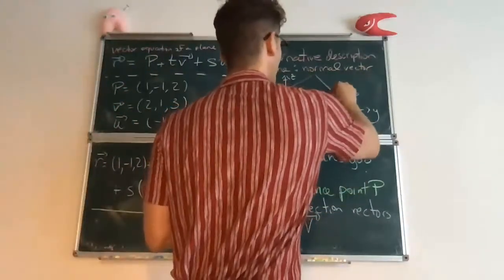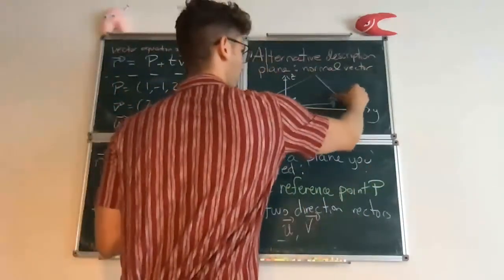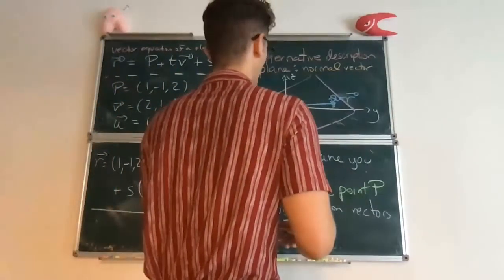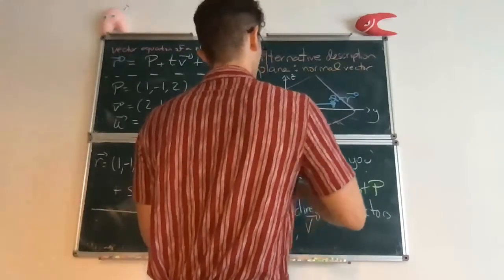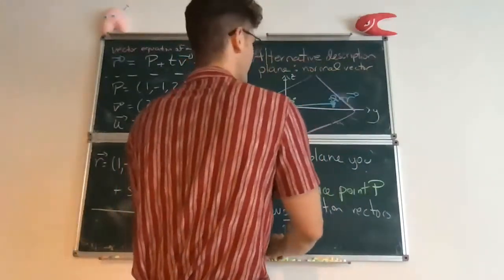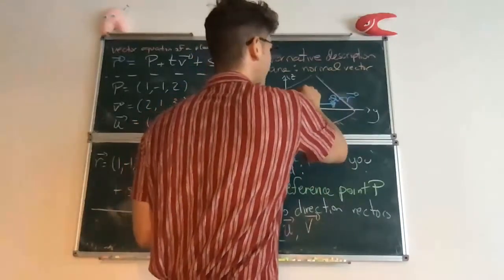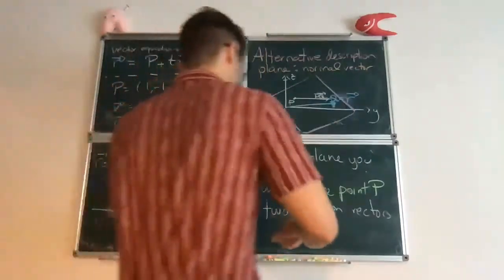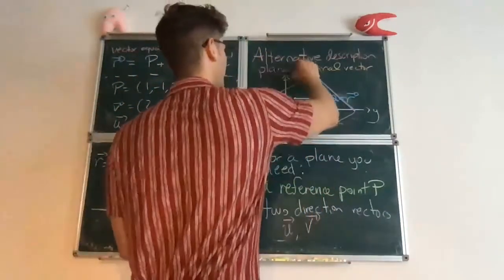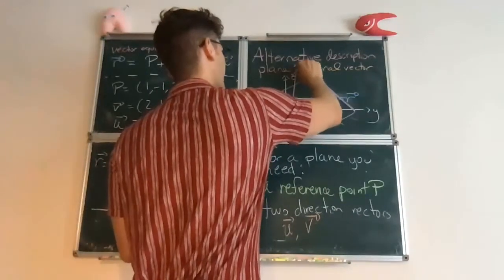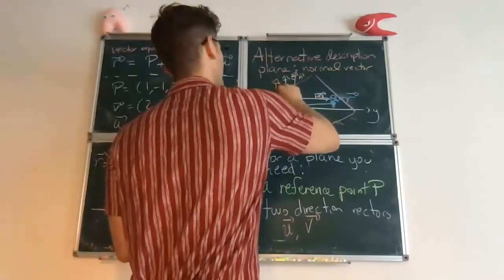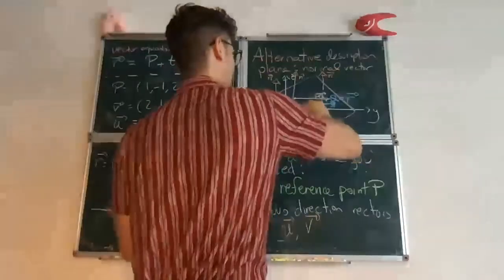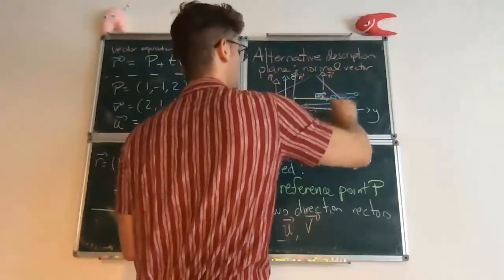Let's call this point Q. Assuming that we know this, there's a relative vector that goes from P to Q, which is a vector PQ, and then a normal vector to the plane, a vector that makes a 90-degree angle with any vector that you can draw on the plane.